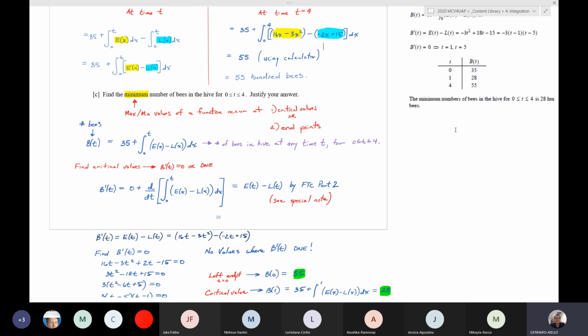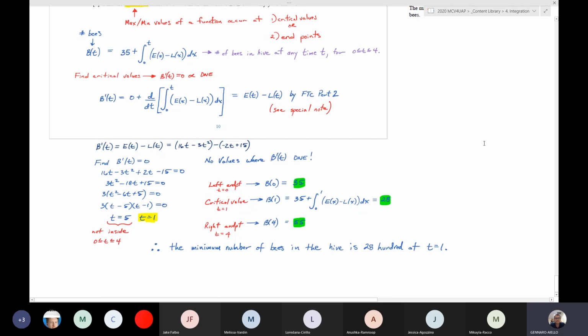Now, to find the critical values, I need to set that equal to 0 and also find out where it does not exist. So on the left-hand side there, I've subbed in what E of t is and what L of t is. Okay, so we need to figure out when is 16t minus 3t squared plus 2t minus 15 equal to 0.